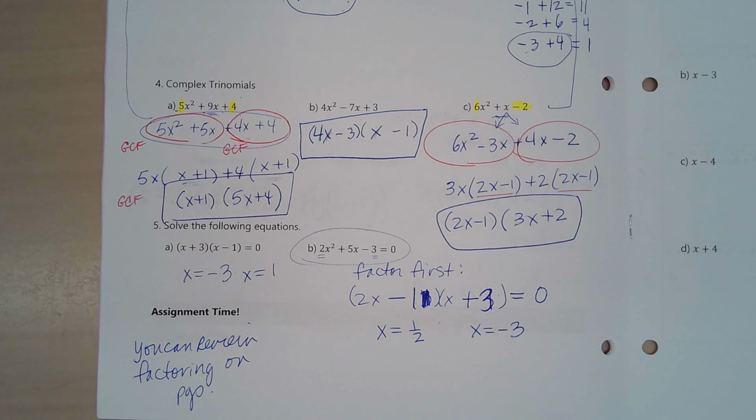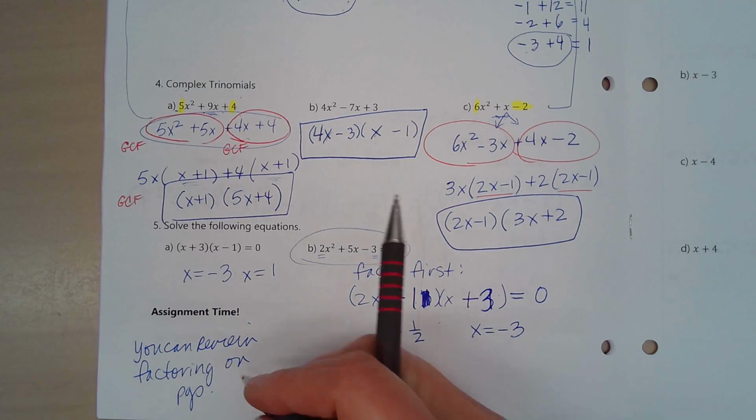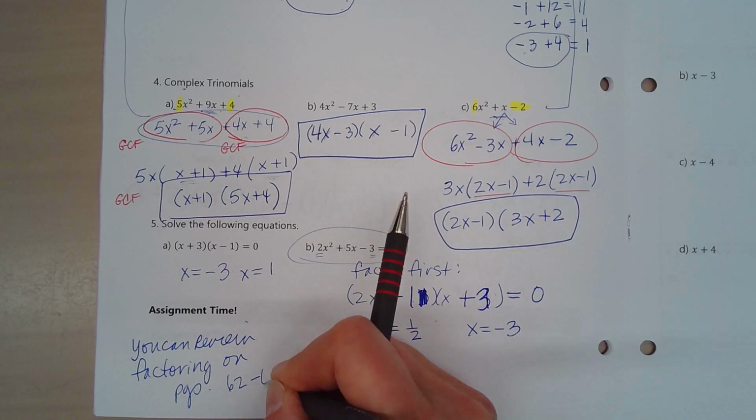Okay, so also if you want, 62 to 68 has lots of factoring review.